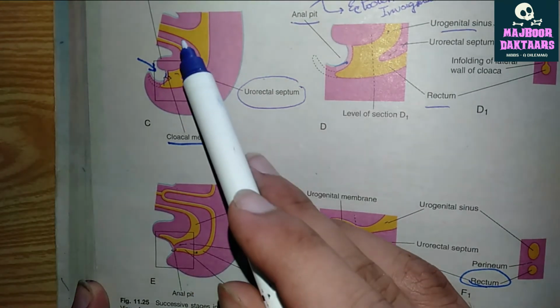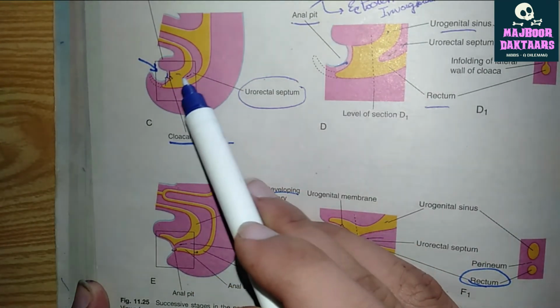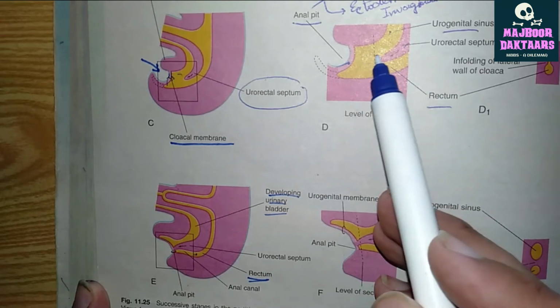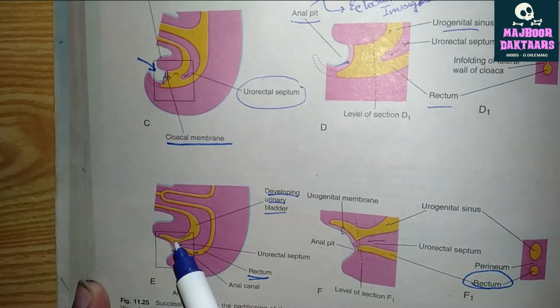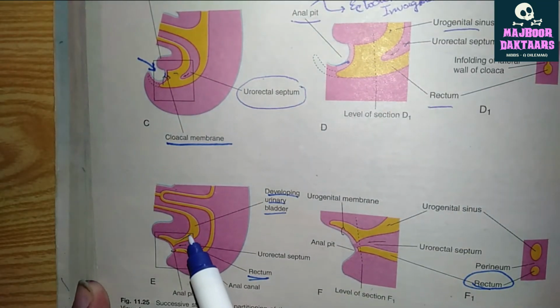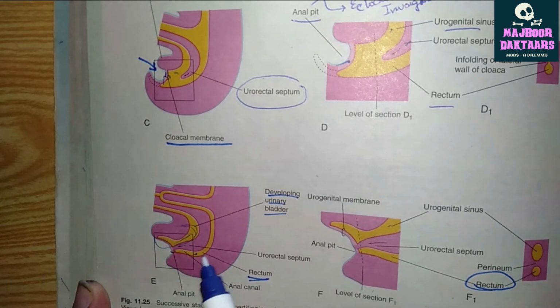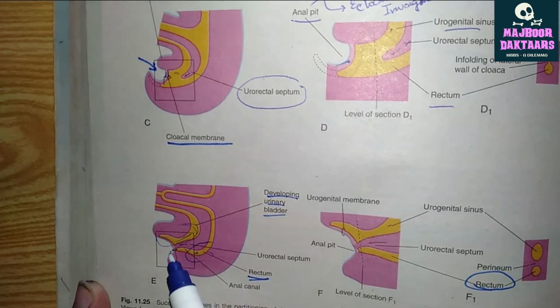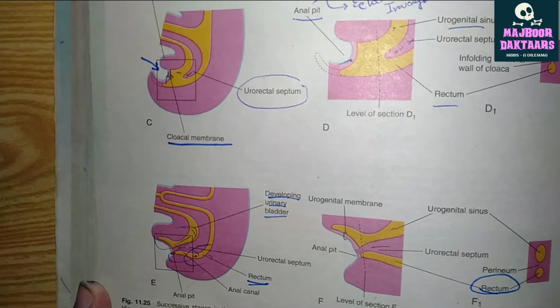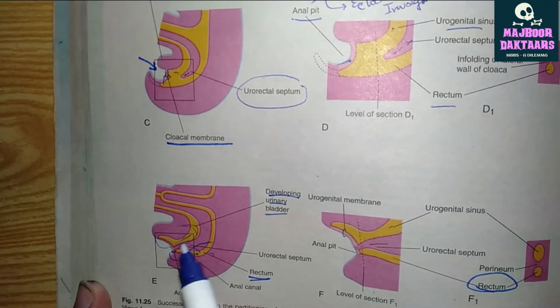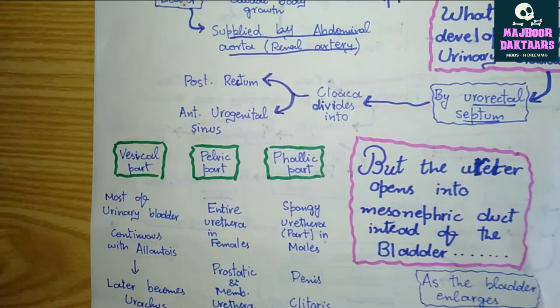So the urorectal septum here divides this cloaca into a ventral urogenital sinus, which is the part of the urinary system, and a dorsal rectum and anal canal. Now we are concerned with this ventral urogenital sinus.